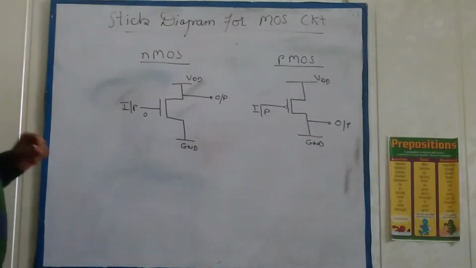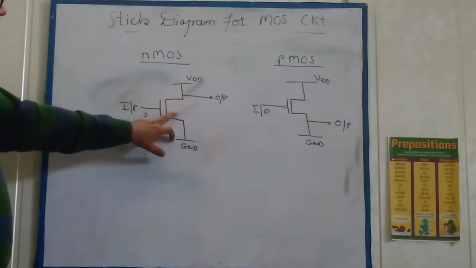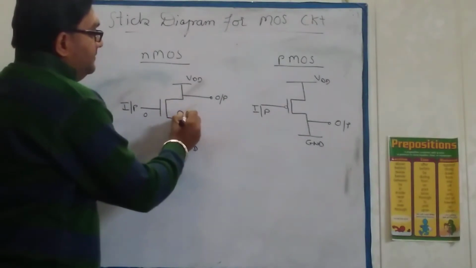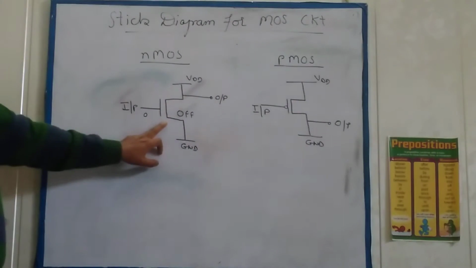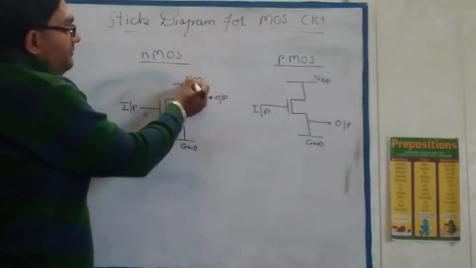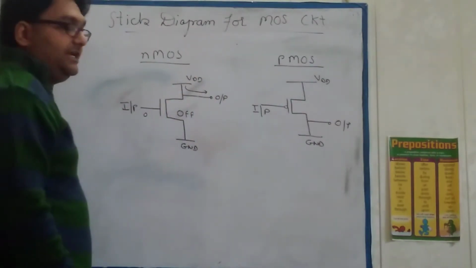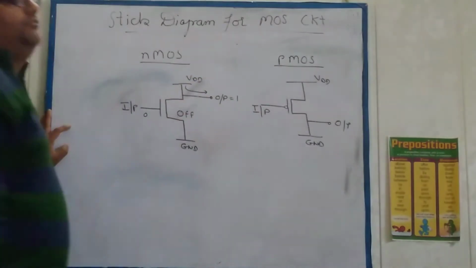If I apply a 0 here, this NMOS will be in off condition. If you apply 0 to the gate, this NMOS is off. If it is off, the VDD is directly available at the output. So now the output is equal to 1.